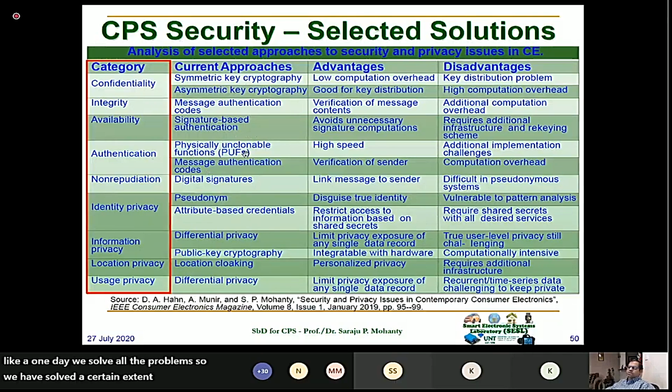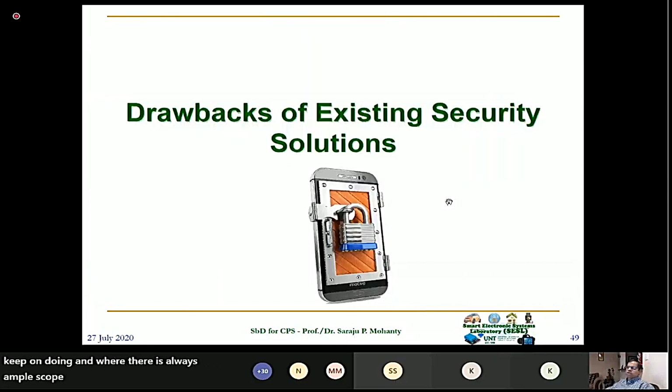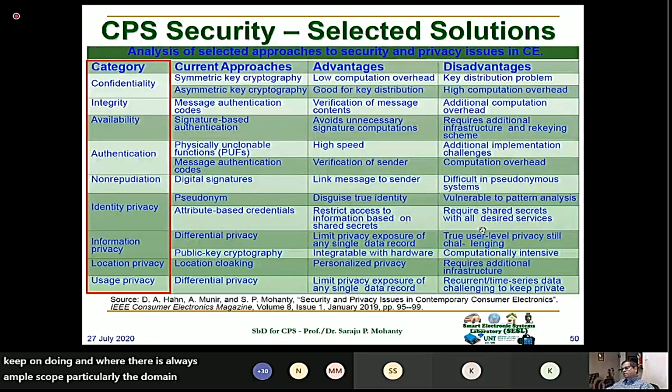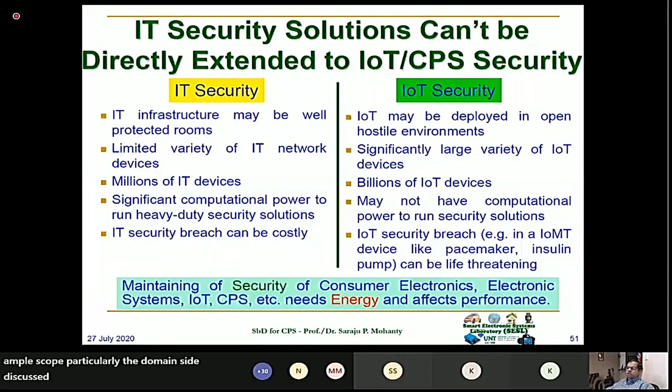Authentication, for example, by using PUF, we have done quite a bit of these solutions, and a lot of people have done public key cryptography and other types of solutions in the past. But they have their own set of limitations, and that is why nothing is fully solved. So we keep on doing, and there is always ample scope to work.